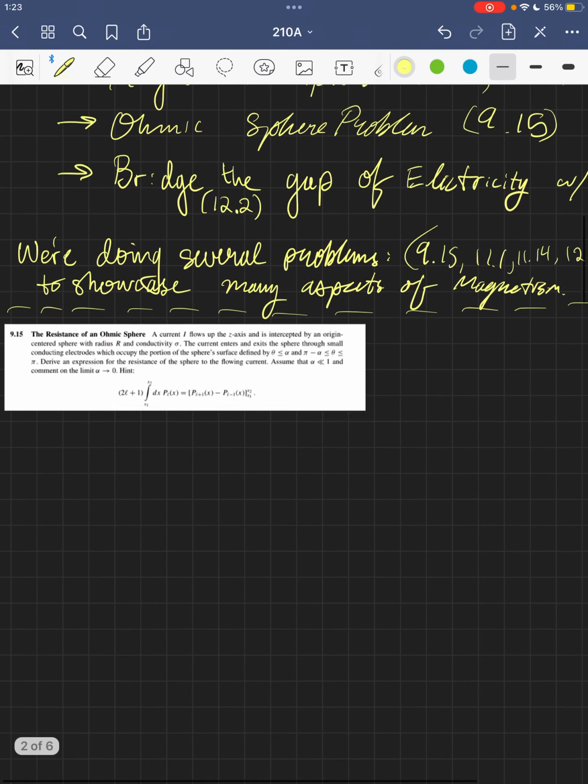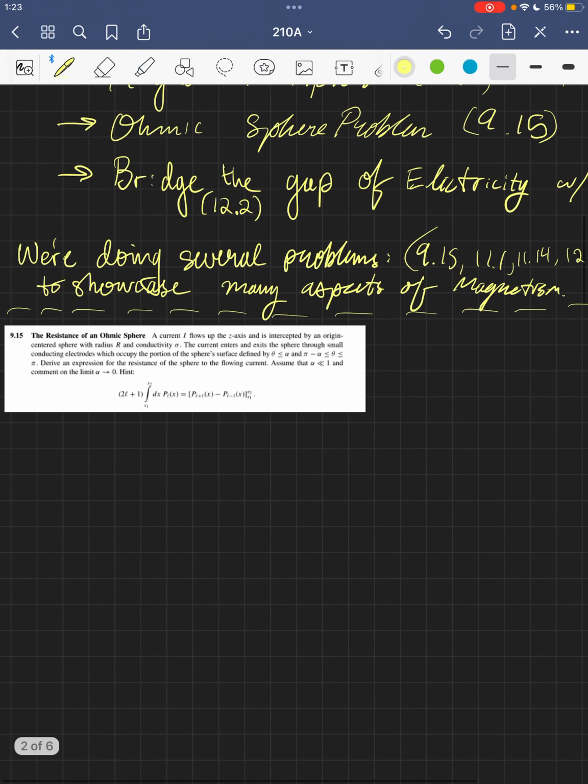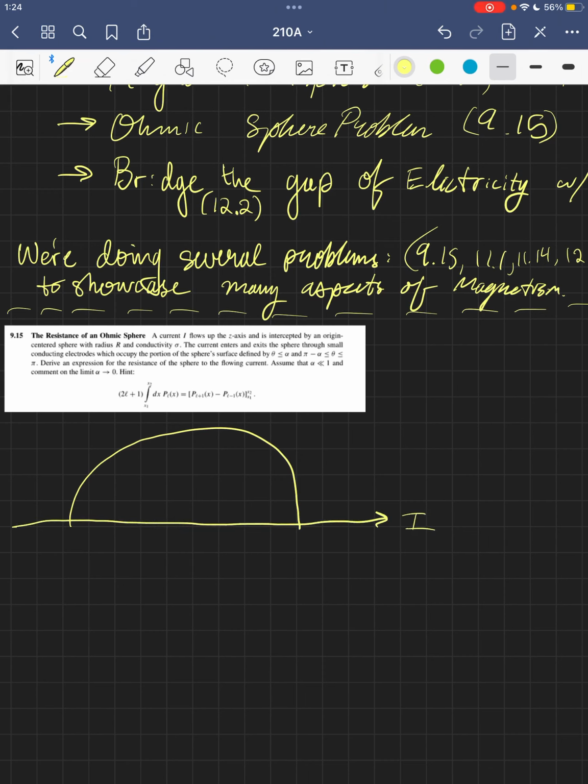So, all right. With this problem from Chapter 9, it tells us that there's a current flowing along the z-axis, up the z-axis. So let's imagine this is the z-axis and I is flowing that way. And there's a sphere with radius r. I'm just going to draw the top of the sphere.